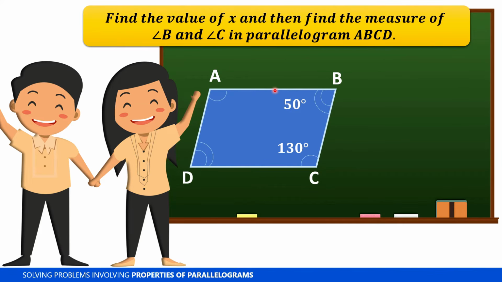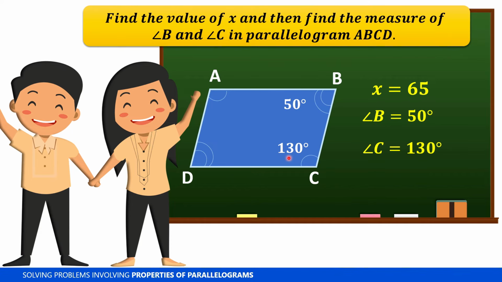So again, we have solved the problem. The value of x is 65, angle B is equal to 50 degrees, and angle C is equal to 130 degrees. Again, we use the property of parallelogram that consecutive angles in a parallelogram are supplementary.